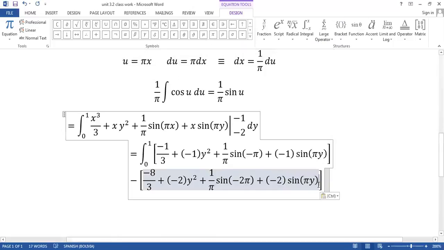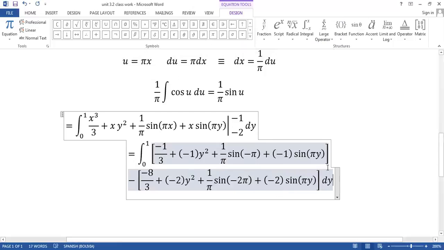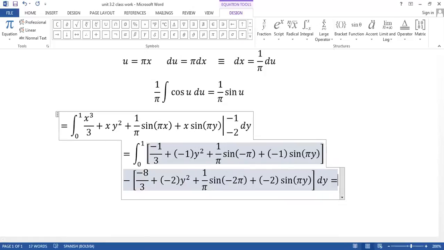And what am I forgetting? dy. There you go. All right, so at least we have it written out. Now we can go ahead and clean house. Okay, before we go on, as I said, this is just cleaning house.